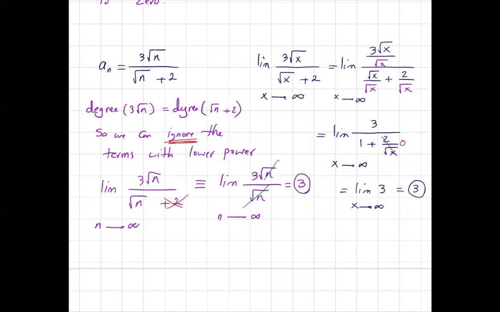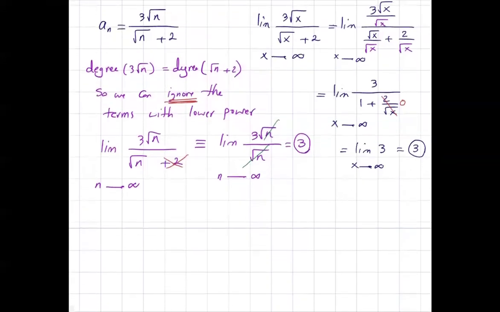So since you have a unique numerical value, you can say that the sequence is a convergent sequence.